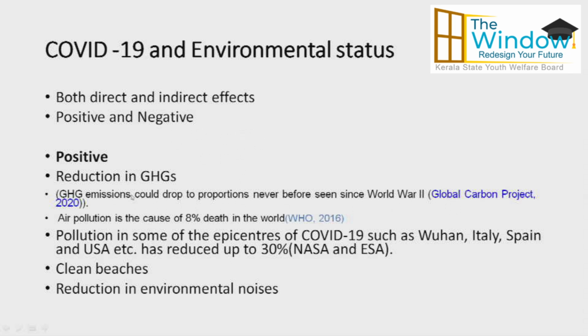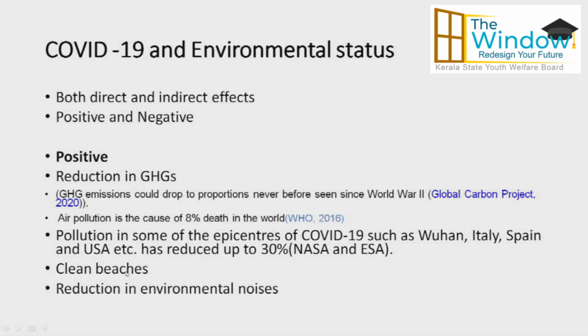The international perspective shows a reduction in greenhouse gases, which lead to air pollution. About 8% of deaths in the world are due to greenhouse gas emissions or air pollution. Due to COVID-19, the report shows that GHG emission has declined. The pollution in some of the epicenters, that is Wuhan, Italy, Spain, and USA, has reduced up to 30%.